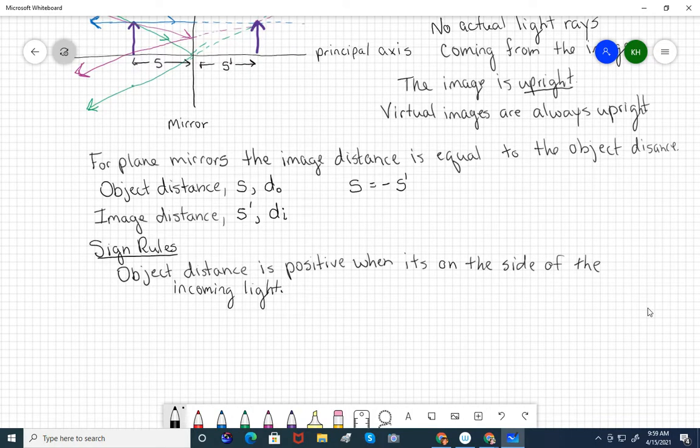These same rules apply not only to mirrors, but also to lenses, where you can see how you could put the object on either side of the lens.